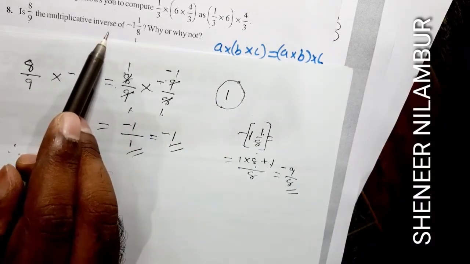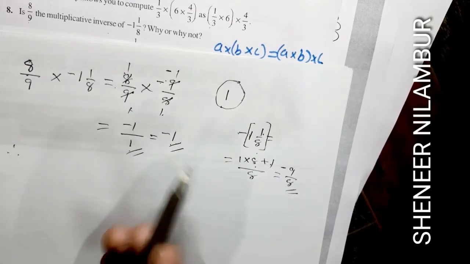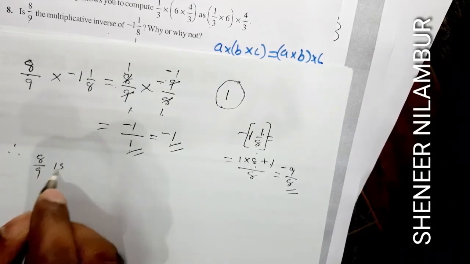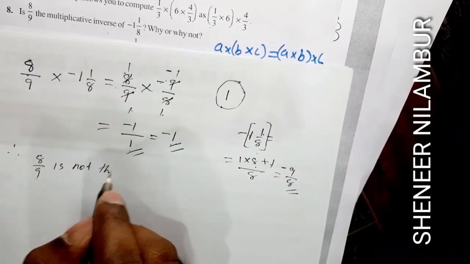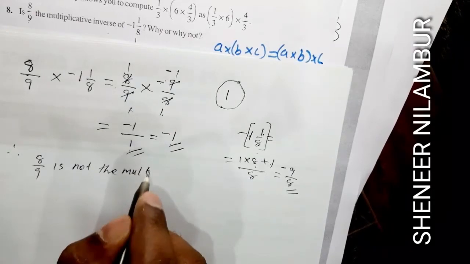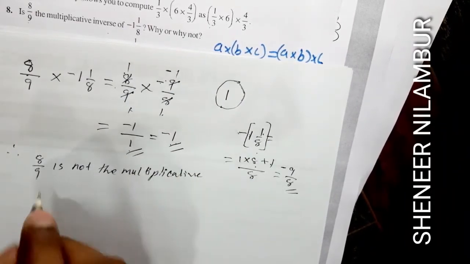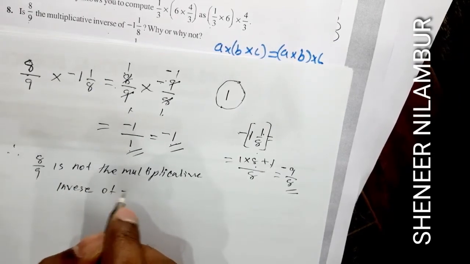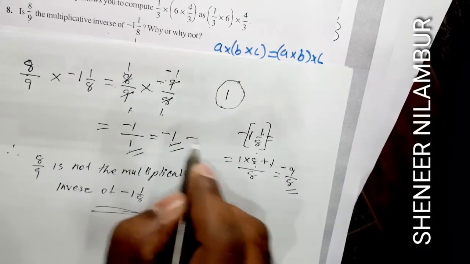If it is the multiplicative inverse, we will get a positive 1, but we got negative 1. So 8 by 9 is not the multiplicative inverse of minus 1 by 8, because the product is not equal to 1.